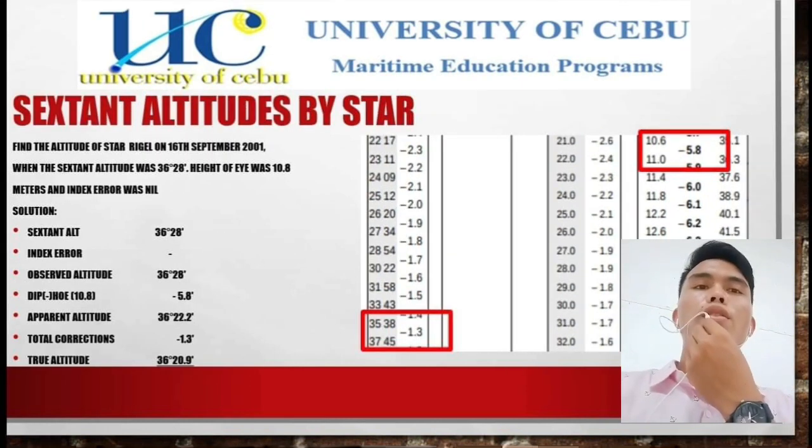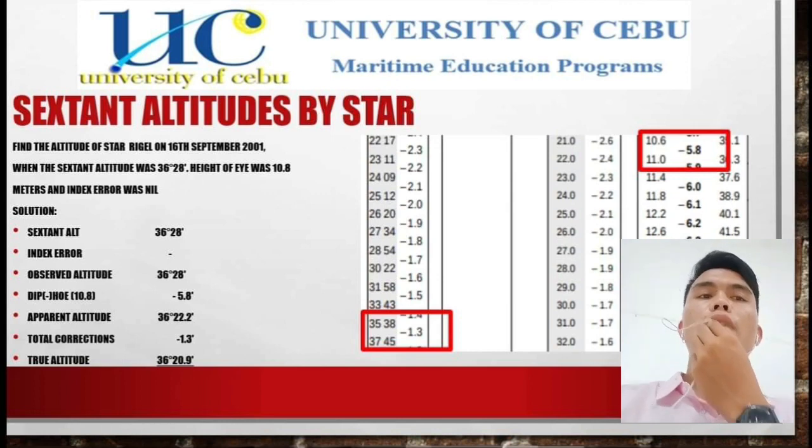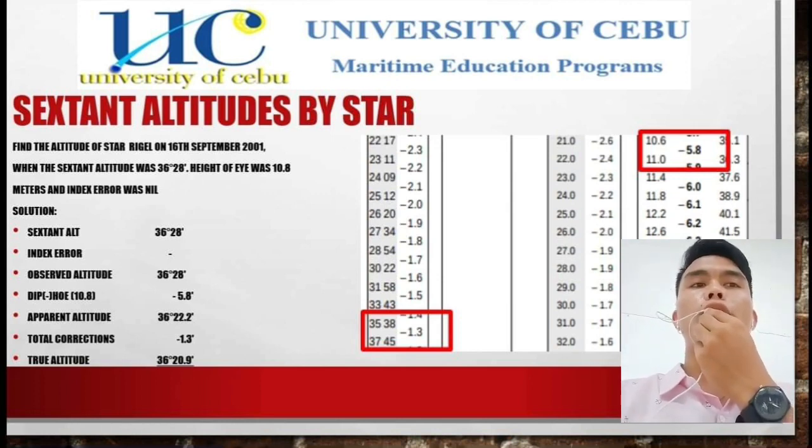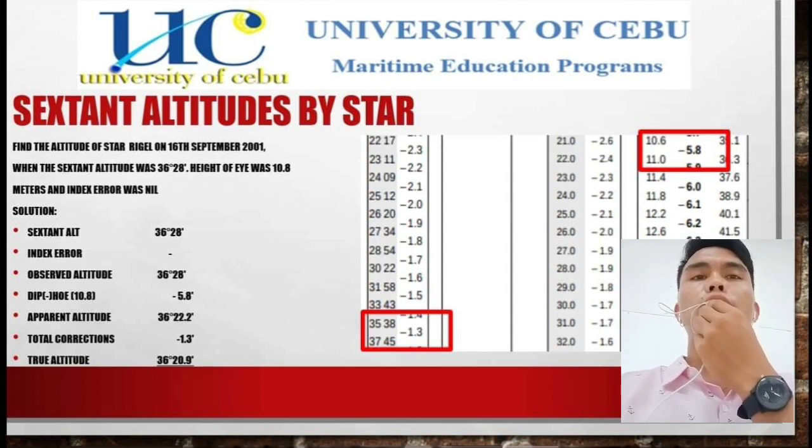Sextant altitude by planets. Find the true altitude of planet Venus on 1st August 2004 when the sextant altitude was 45 degrees 17 minutes, height of eye was 7.5 meters, and index error was nil. Solution: sextant altitude is 45 degrees 17 minutes.